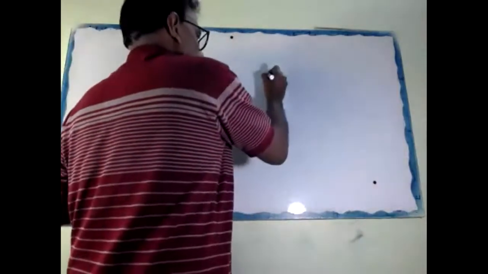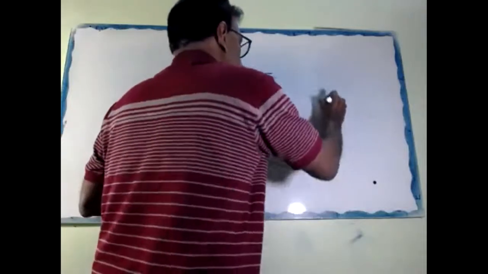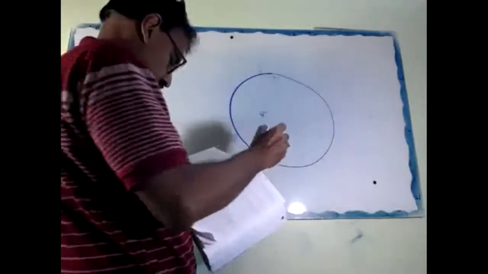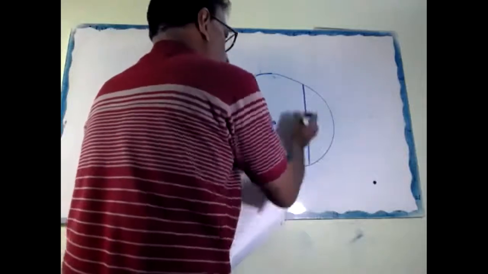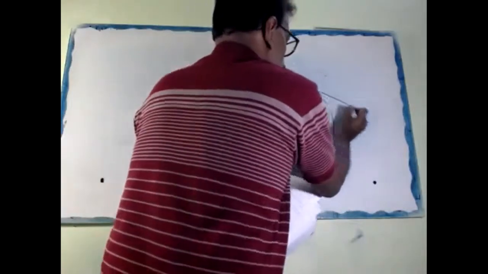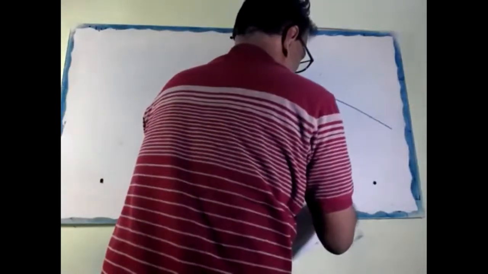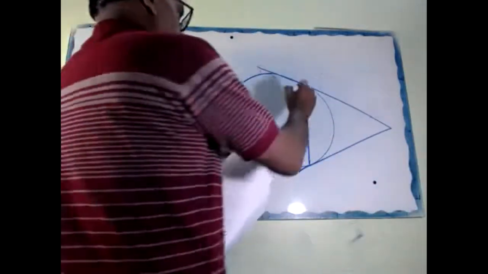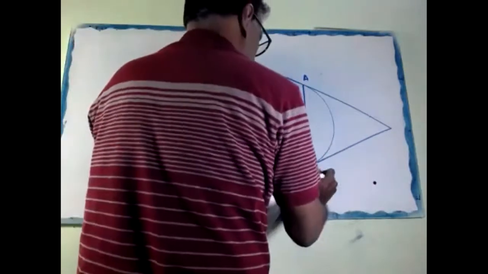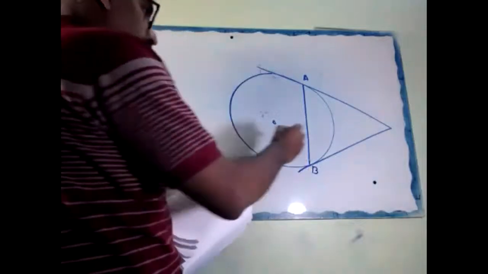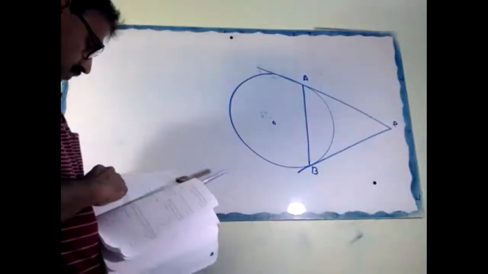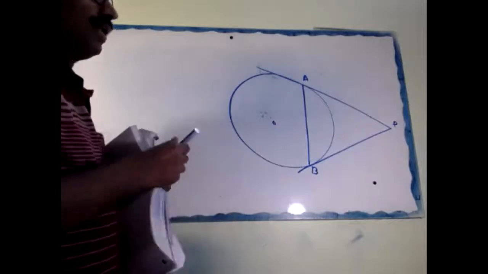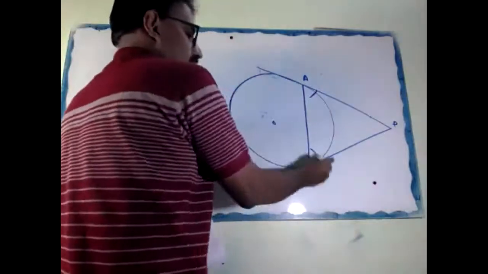Look here. A here, B here. P here. What you have to find out is that this angle and this angle are equal.